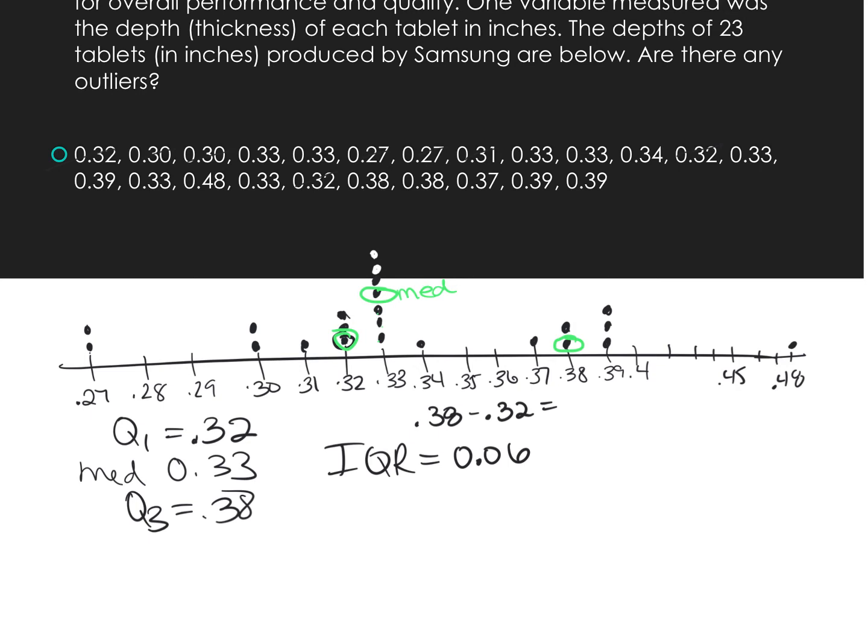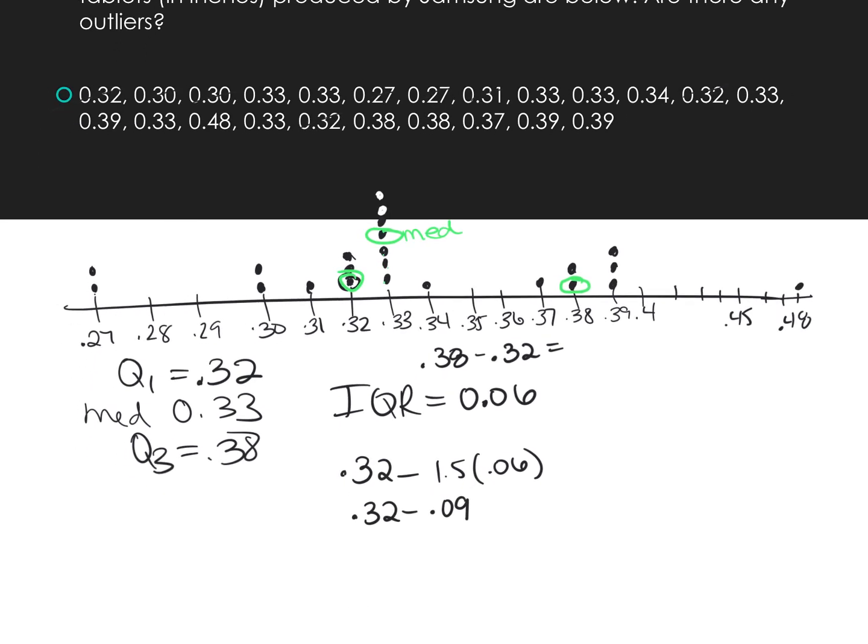Then, did you calculate your fences? Q1, 0.32 minus 1.5 times 0.06. 1.5 times 0.06 is 0.09. So 0.32 minus 0.09 is going to be 0.23.